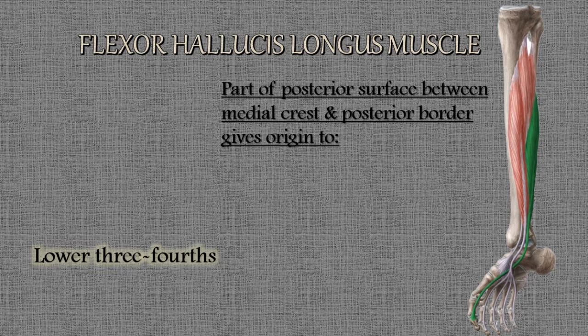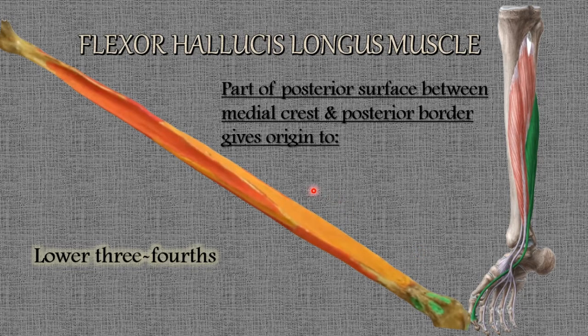Now the flexor hallucis longus muscle. Flexor means it will flex, hallucis means it will flex the thumb, longus means this muscle is long. It arises from the part of the posterior surface between the medial crest and posterior border, again the same, but the lower 3/4. Now I will show you which is the lower 3/4. This was the upper 1/4 which was giving origin to the soleus muscle.